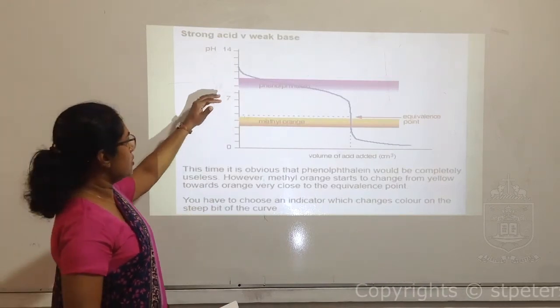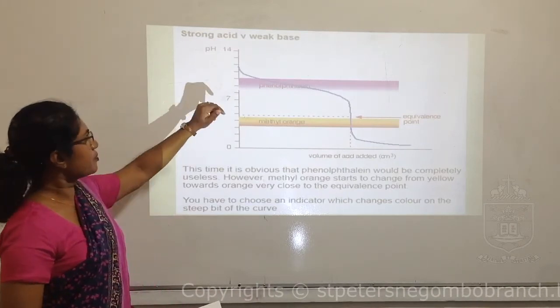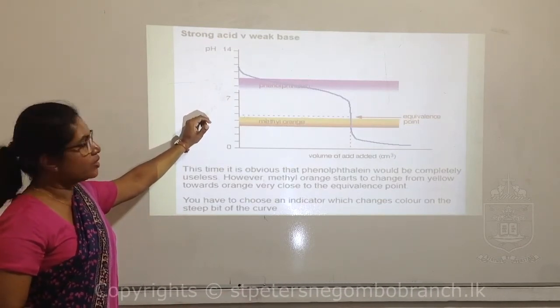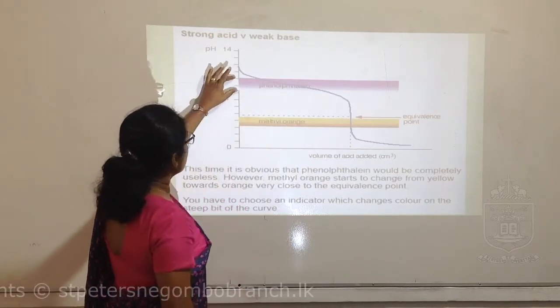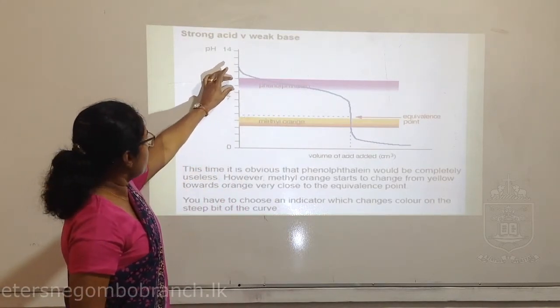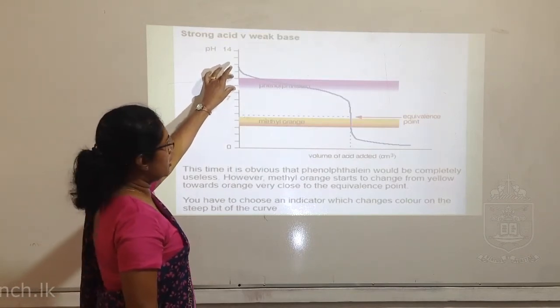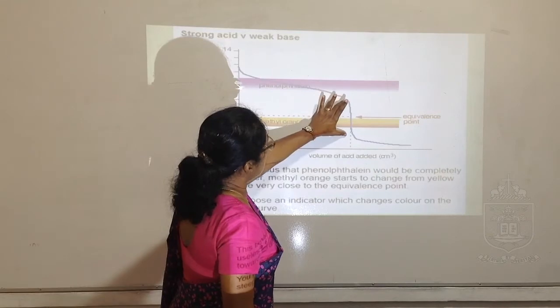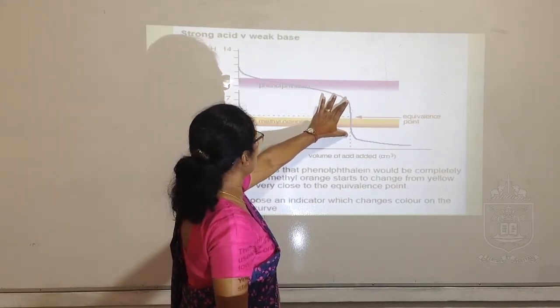But if we use phenolphthalein for our titration, what happens? You can see here the pH change range of phenolphthalein is not placed in this range.